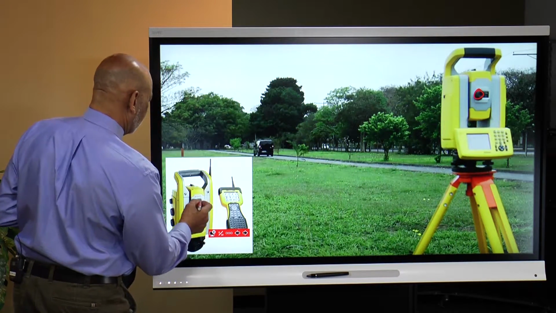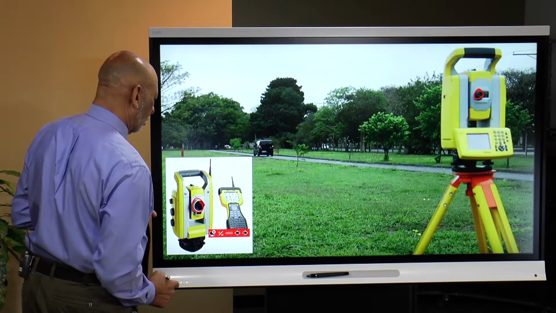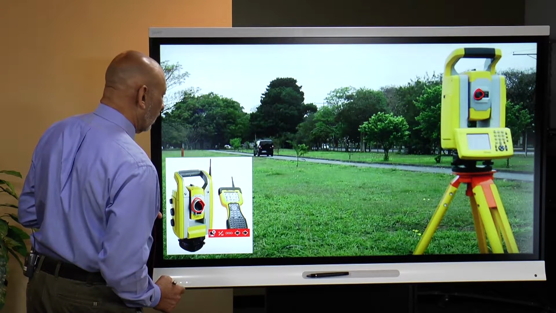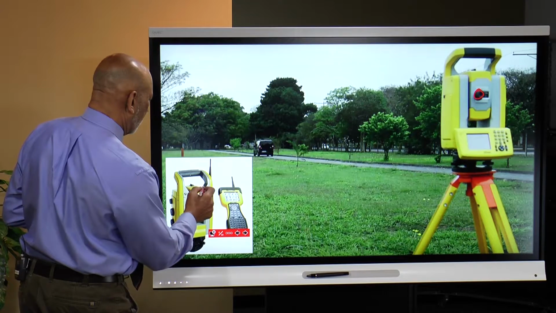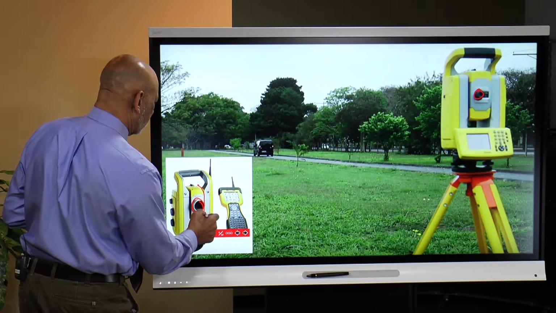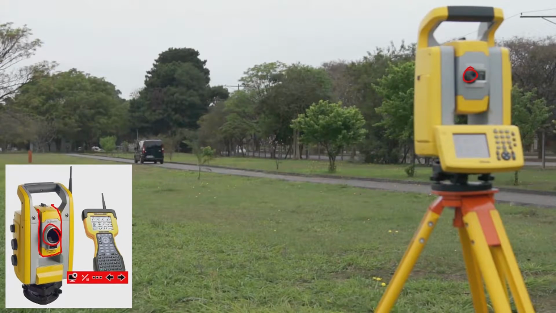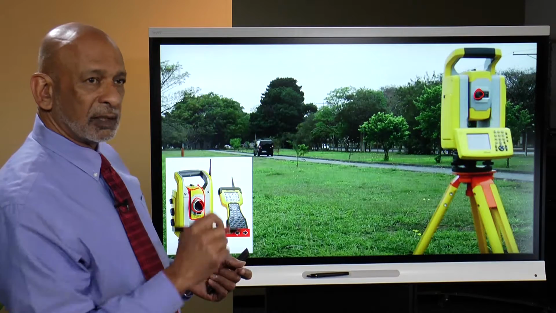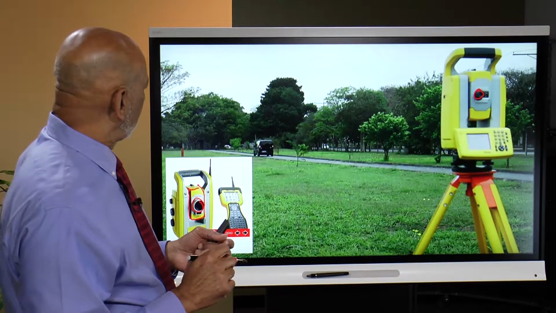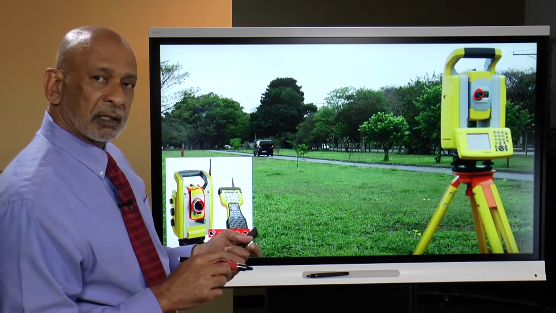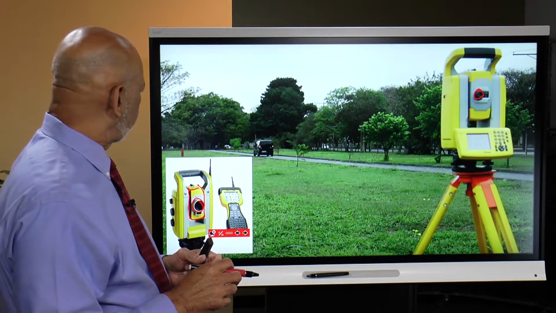Here's the objective of the telescope. Here's an inset view showing the other end. Now the telescope itself has this box-like shape, and that's because built into the total station is also the distance measuring capability. So you sight once and observe not only your angles, but also your distance.